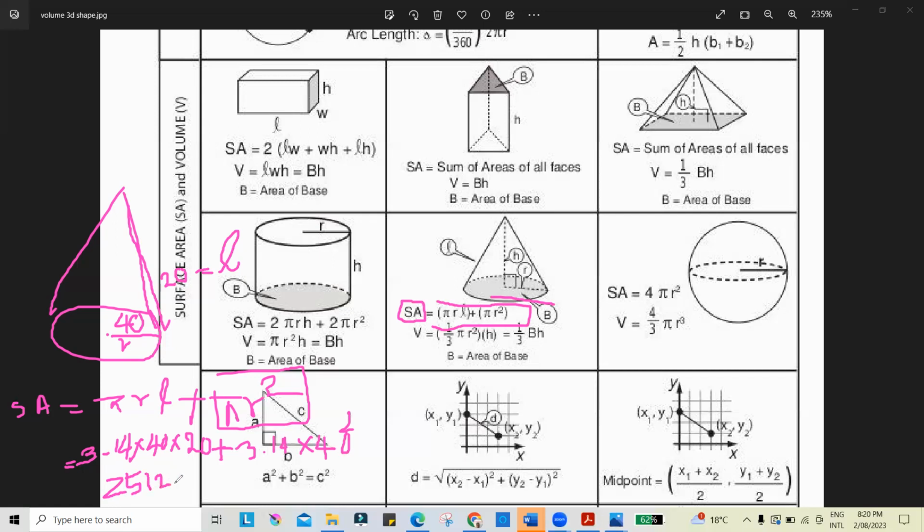Plus this one, 3.14 times 1,600, that is 5,024. So 2,512 plus 5,024 is 7,536. So is that the final answer.